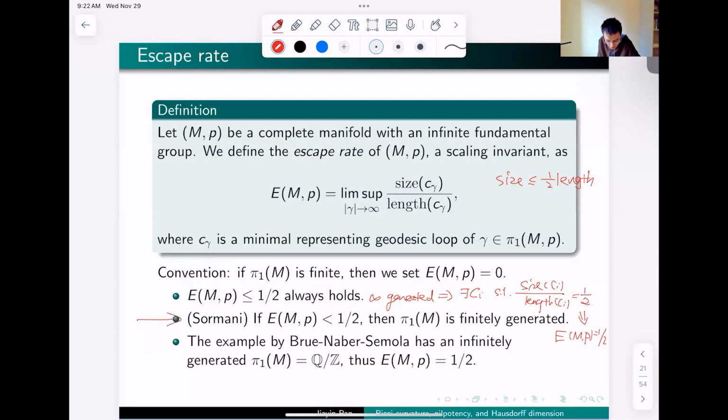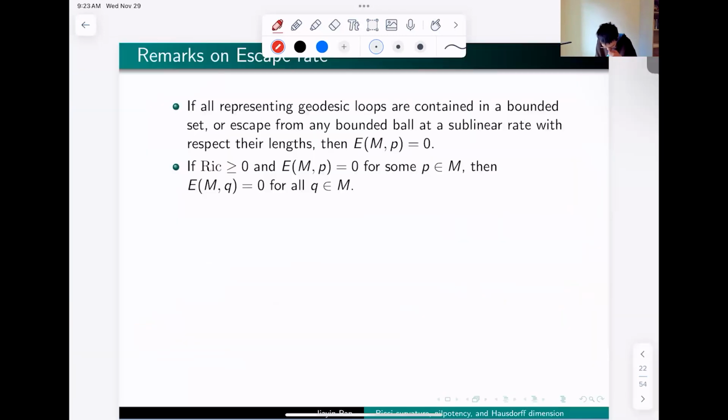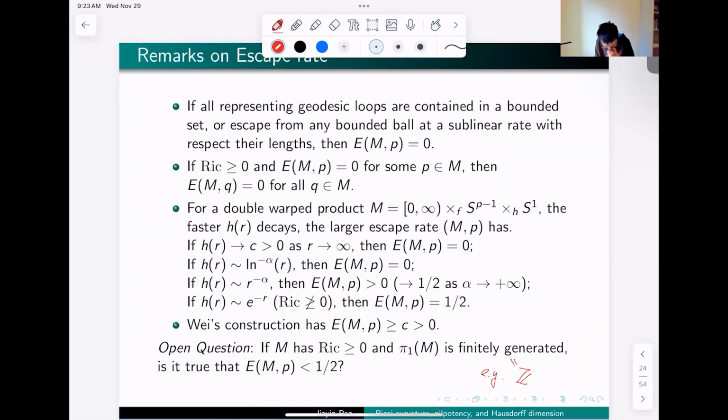If you have escape rate strictly less than one half, then it's finitely generated. So this asks whether the converse is true. You assume it's finitely generated. Does that imply the escape rate cannot be one half? Any questions at this moment?